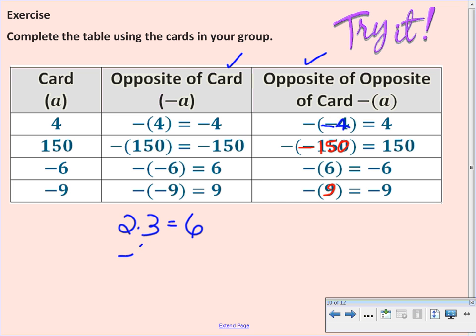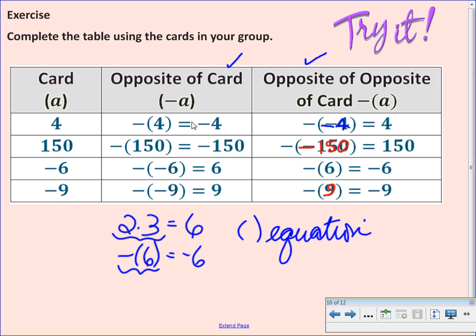So the opposite of 6 is negative 6. So this is my equation. So the dash means opposite? Yes. Okay. So you use the parentheses to write it as an equation. Parentheses will not appear in your answer, in your equation.